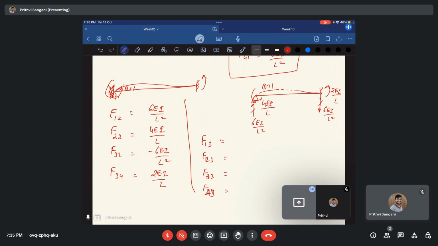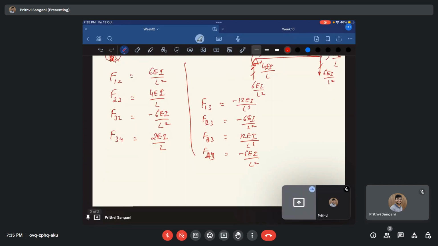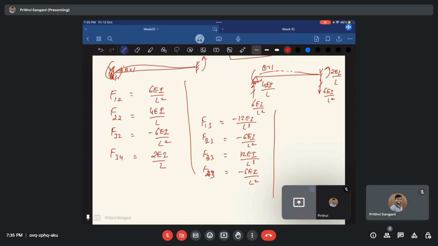If you work out, this will be minus 12 EI by L cube, minus 6 EI by L square, 12 EI by L cube, minus 6 EI by L square.